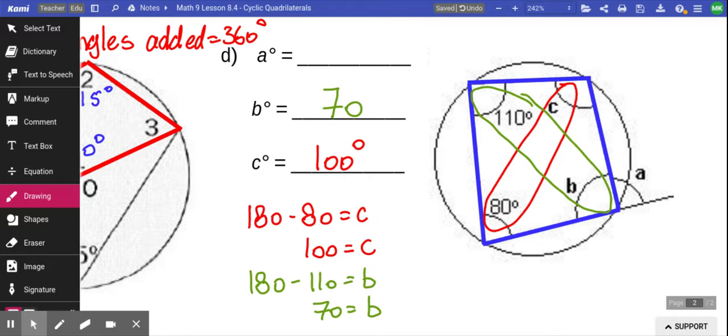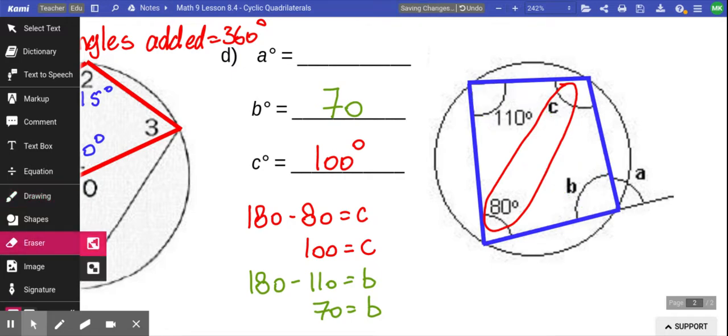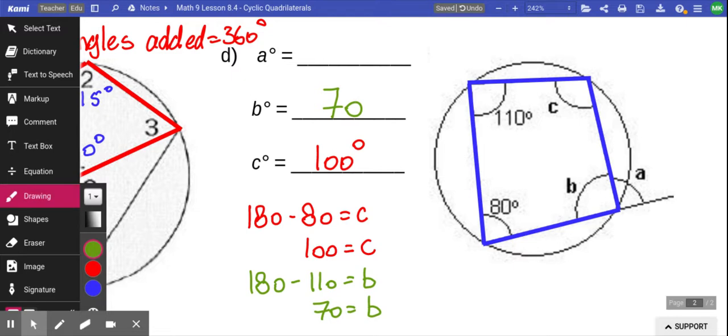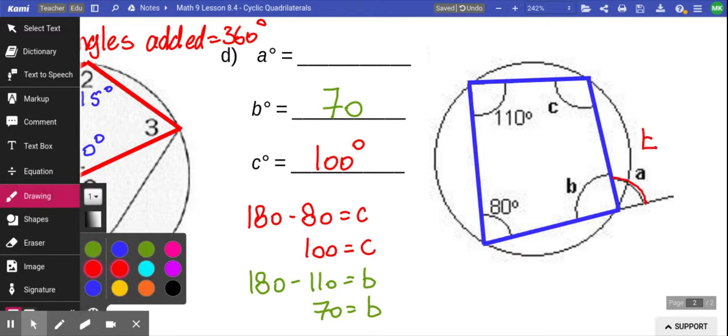Awesome. Our last one, angle A. This angle here is an exterior angle. It's exterior because it's on the outside of the quadrilateral. It's what happens when you extend one of the lines.